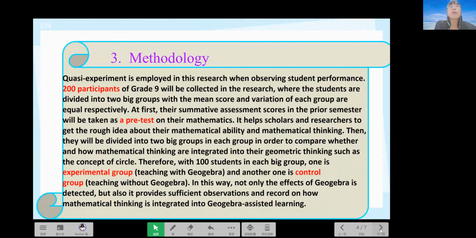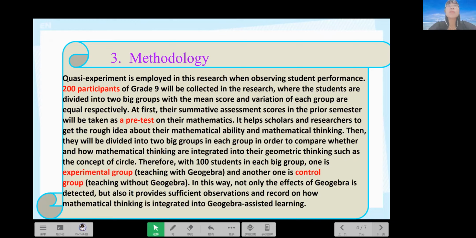Those 200 participants are divided into two big groups with equal mean scores and variance. This is to say that the mean score, the standard deviation and the variance of each group are almost the same.